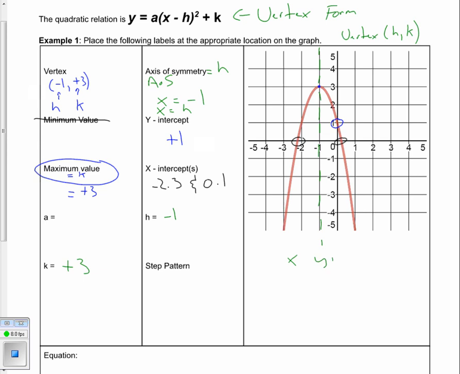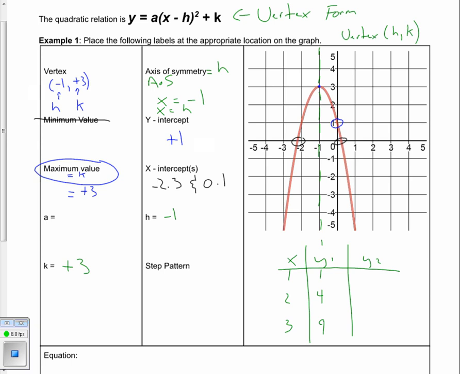In this instance, our normal step pattern goes 1, 4, 9. But because we can see this parabola, we can actually visually inspect what that step pattern is going to be.